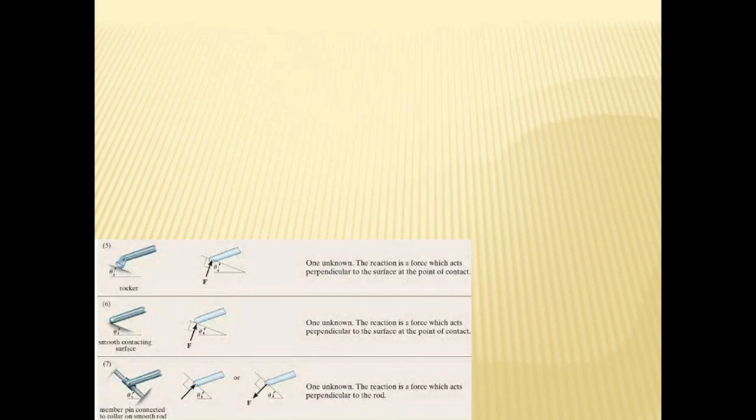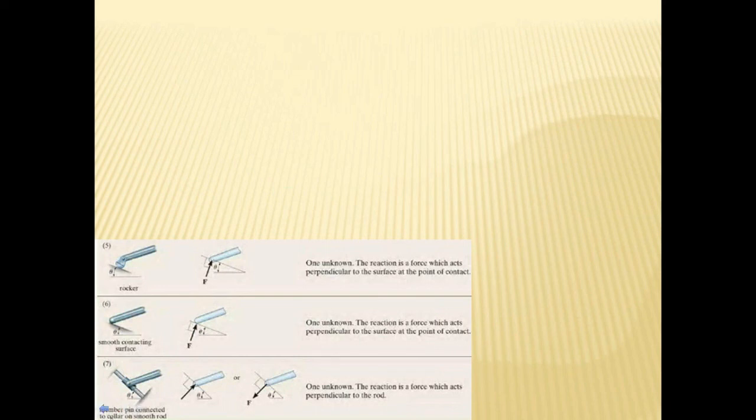If you have a smooth contacting surface, it will also have one unknown, and the reaction is a force which acts perpendicular to the surface at the point of contact. Okay, so they will tell you in the numerical that it is a rocker. Okay, and they will tell you smooth contacting surfaces.